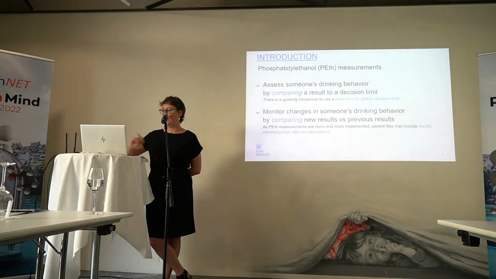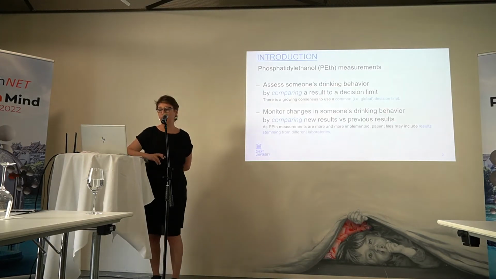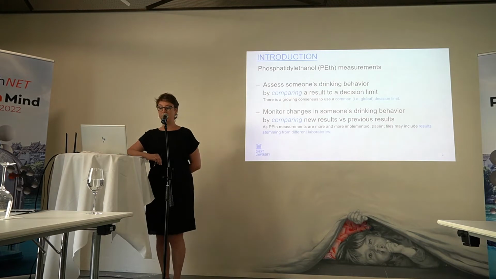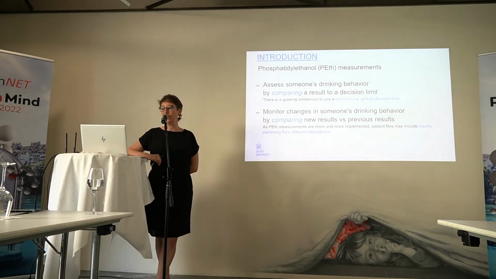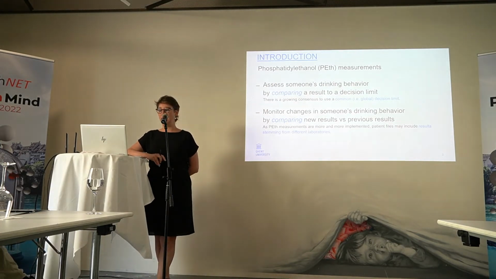So, what do we do with current phosphatidylethanol measurements? We try to assess someone's drinking behavior by comparing the numerical result for a blood sample to a decision limit. And there's also a growing consensus to use a common or global decision limit.